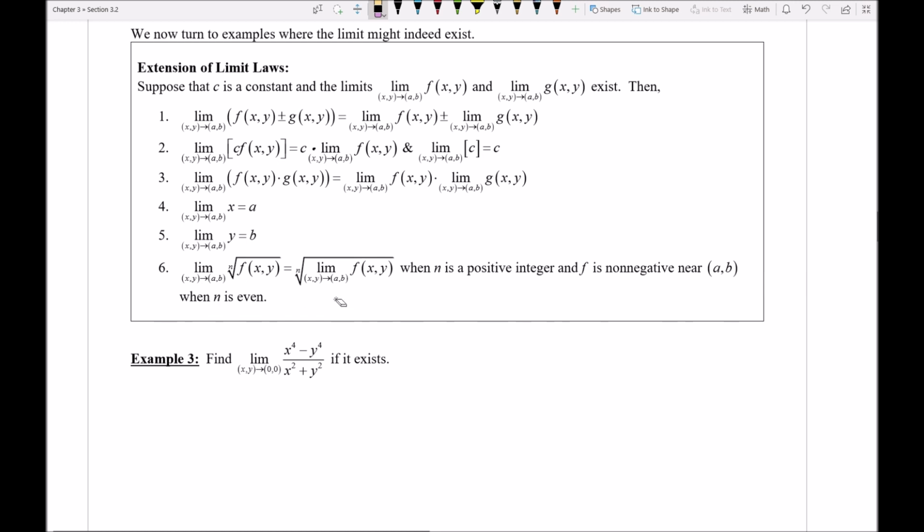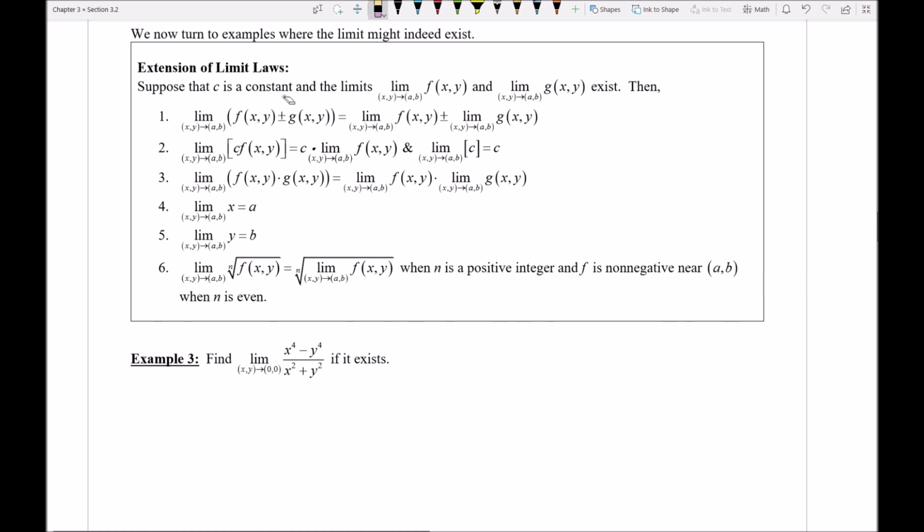The only issue here is that we have to still make sure that the inside of the radical and the radical itself don't end up creating something that's nonsensical. So for example, if this was just a regular old square root, I'd have to make sure that the limit of that inside doesn't turn into, say, a -4, because then I won't be able to square root it without going into complex numbers. And remember, we're avoiding complex numbers in this class.